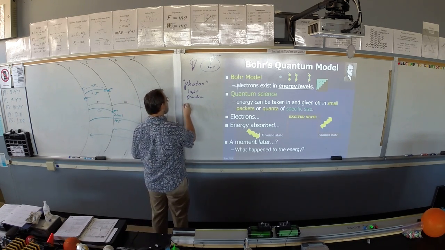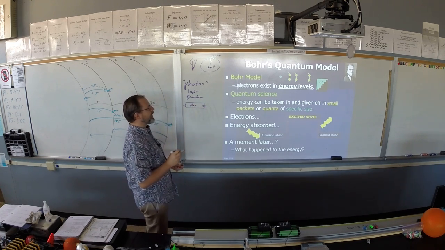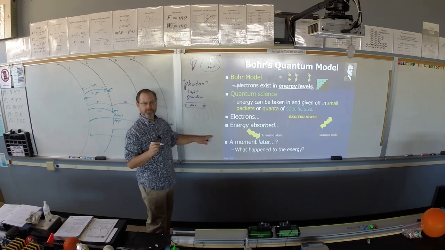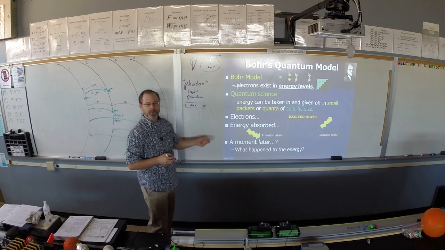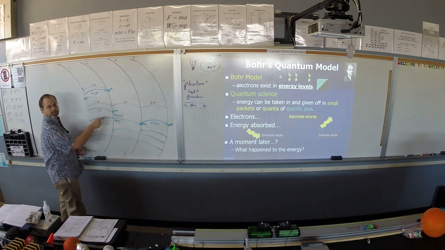So then we had these fluorescent tubes, and the fluorescent tubes had a gas in them, and we ran electricity through the gas. What happened, guys, is as the electricity hit the gas molecules, the electrons in the gas molecules jumped up.